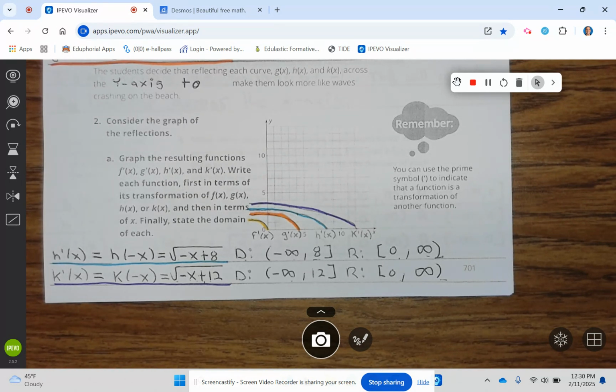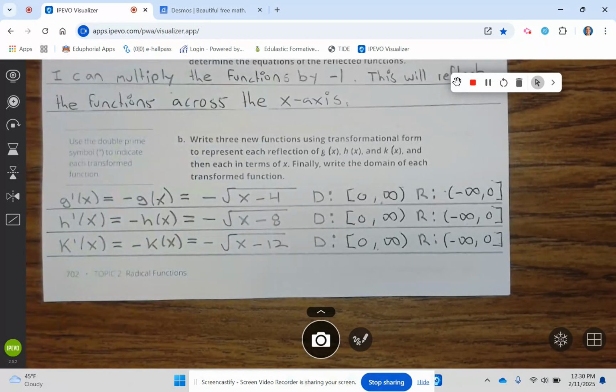And then h prime of x domain is negative infinity to 8, and range is 0 to infinity. And k prime of x, the domain is negative infinity to 12, and the range is 0 to infinity. Let's take a look at the next page.